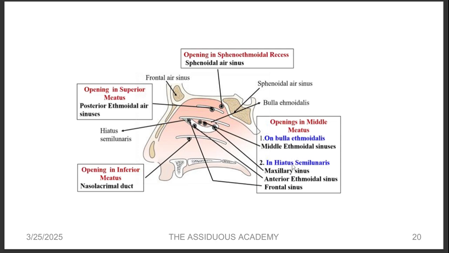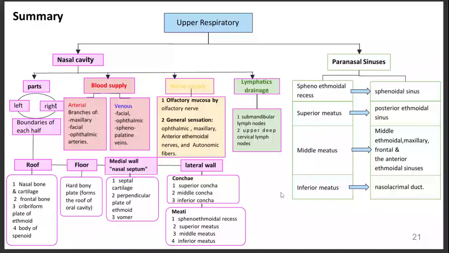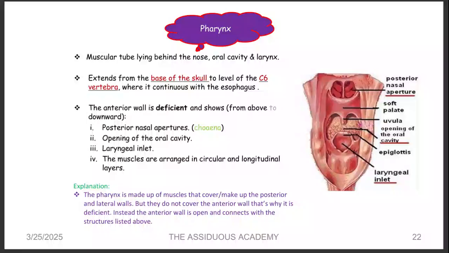Then we have the hiatus semilunaris, where the maxillary sinus, the anterior ethmoidal, and the frontal sinus drain. So in the middle meatus, it's only the middle ethmoidal that drains in the bulla ethmoidalis. The rest will drain in the hiatus semilunaris. So that is basically about the nasal cavity.